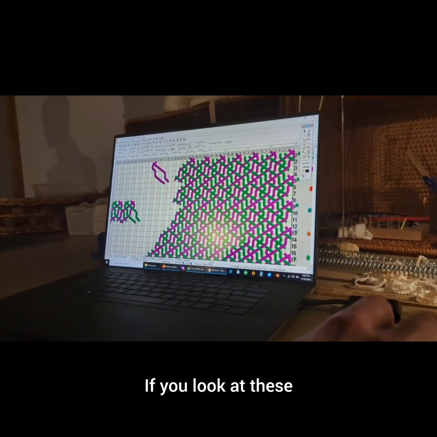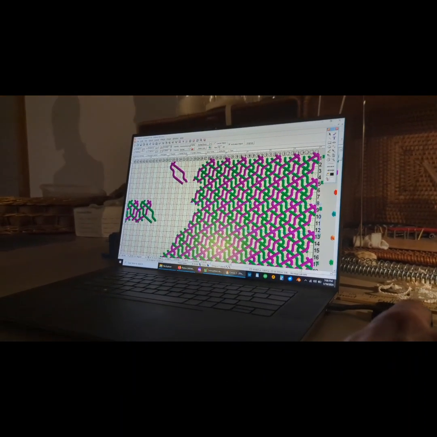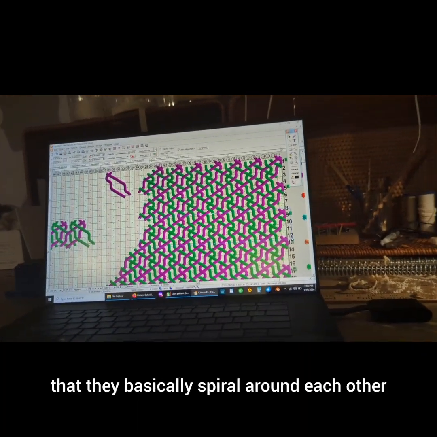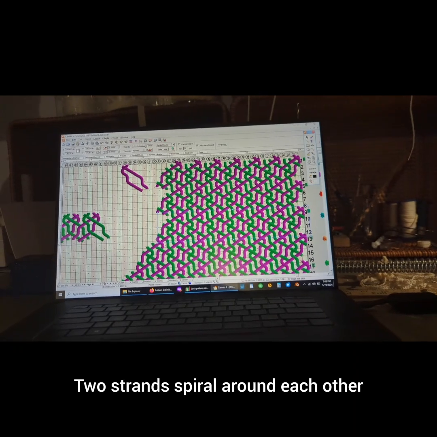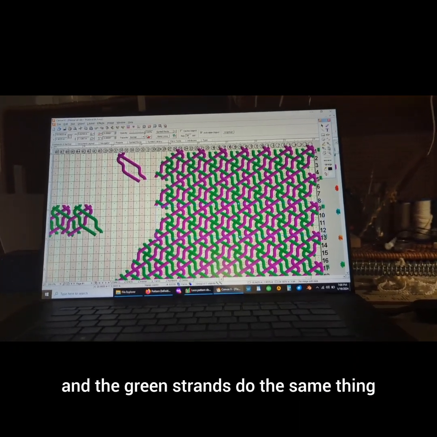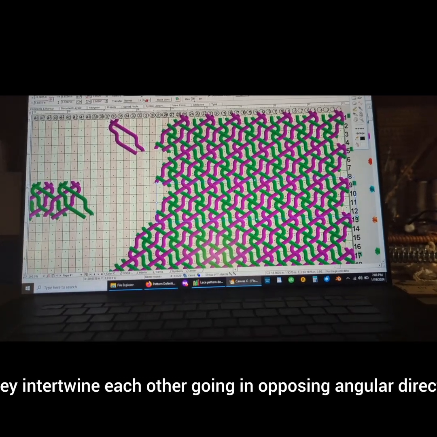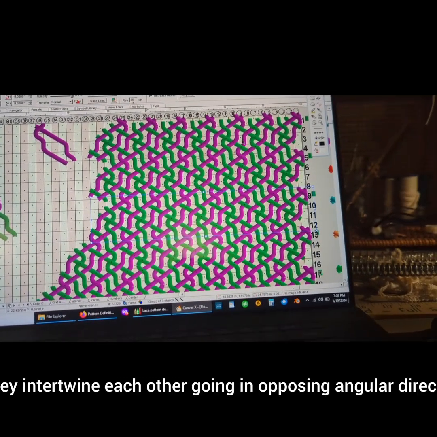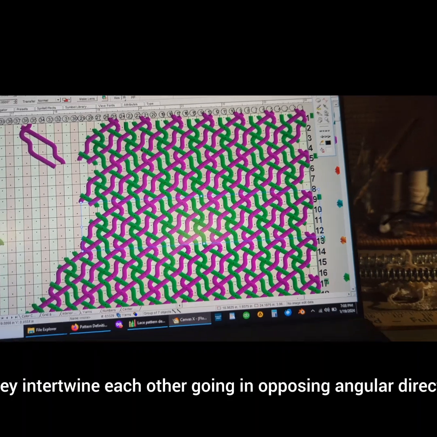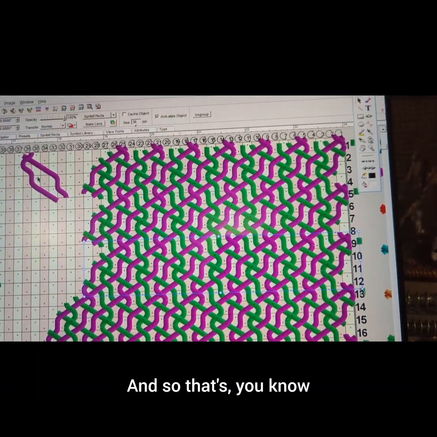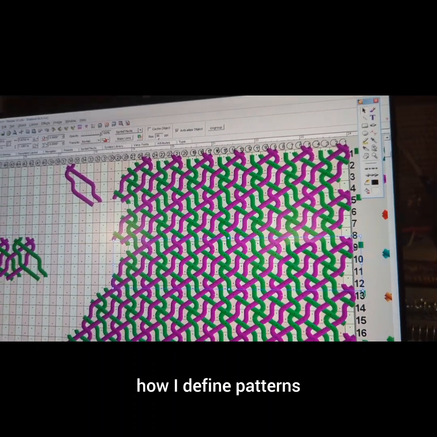If you look at these purple strands, you'll see that they basically spiral around each other. Two strands spiral around each other, and the green strands do the same thing as they intertwine, going in opposing angular directions. And so that's how I define patterns.